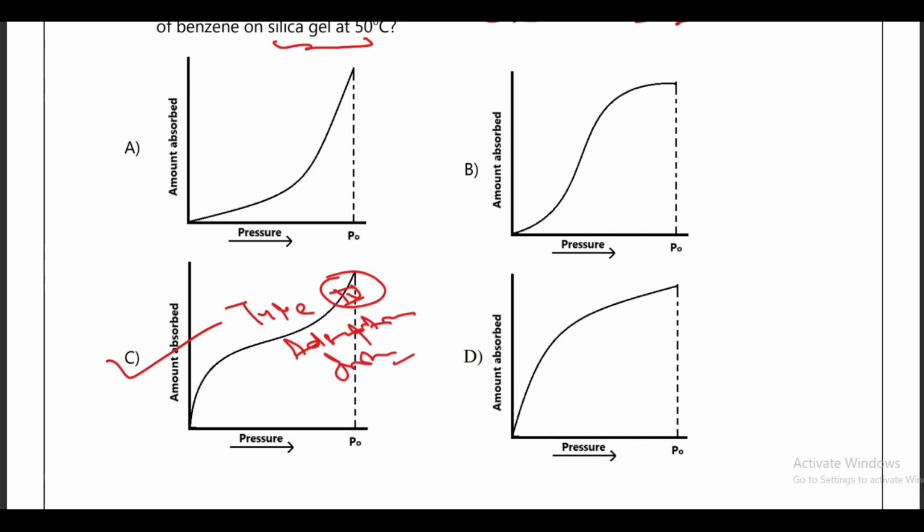Type 4 adsorption is a characteristic of mesoporous materials and shows capillary condensation occurring at relative pressure lower than the saturation pressure, okay? So this is your saturation pressure, P naught. So this is typically for adsorbents like silica gel, where the adsorption of benzene can exhibit capillary condensation at around 50 degrees Celsius.